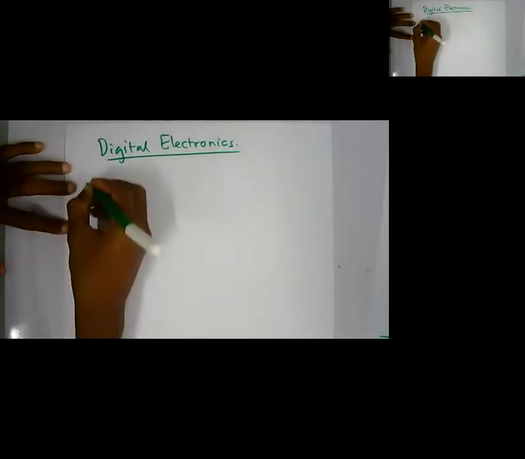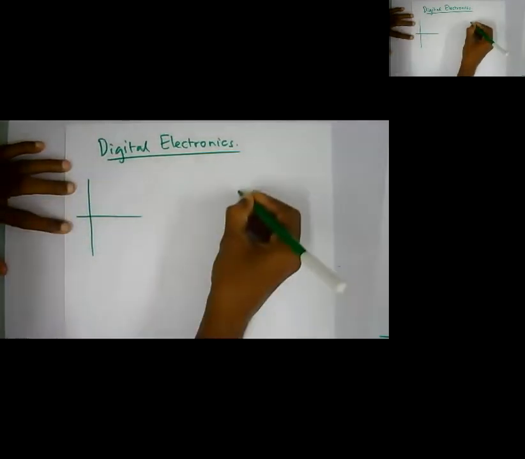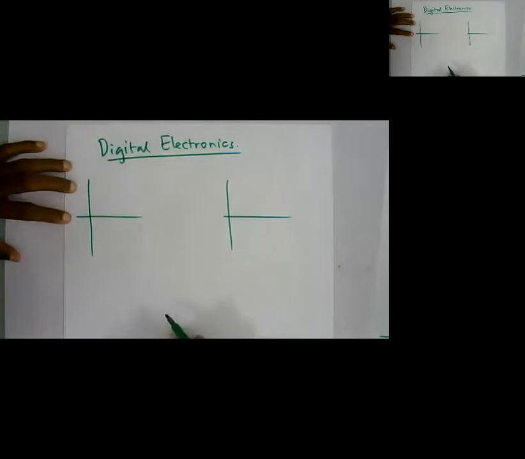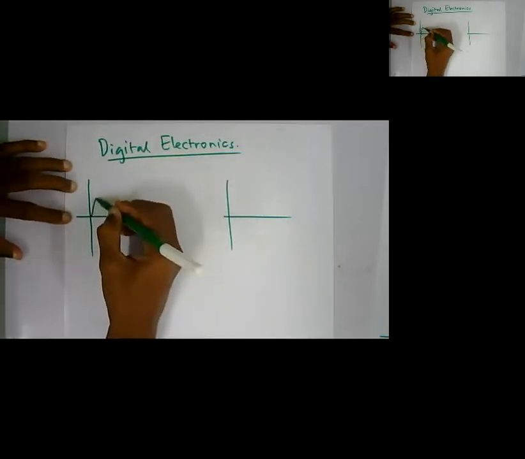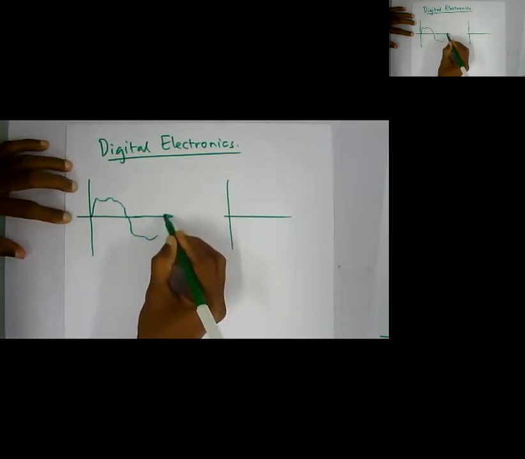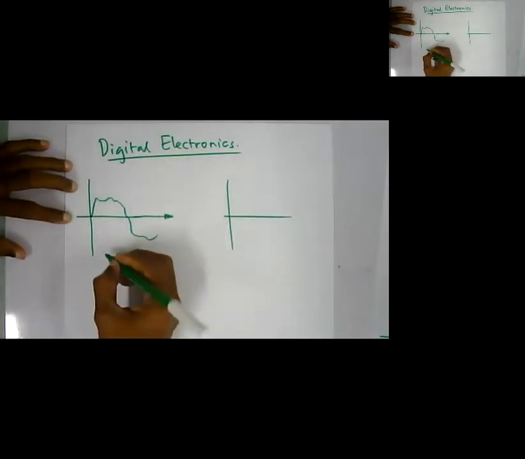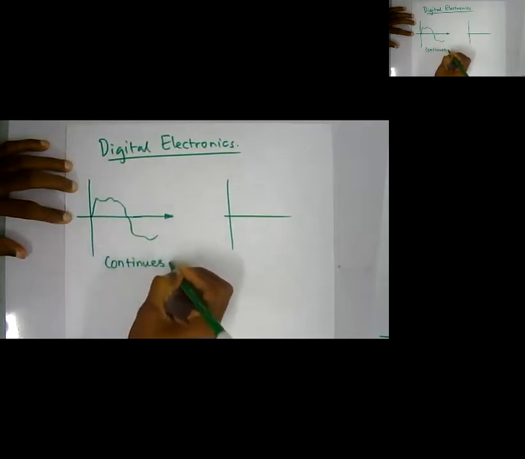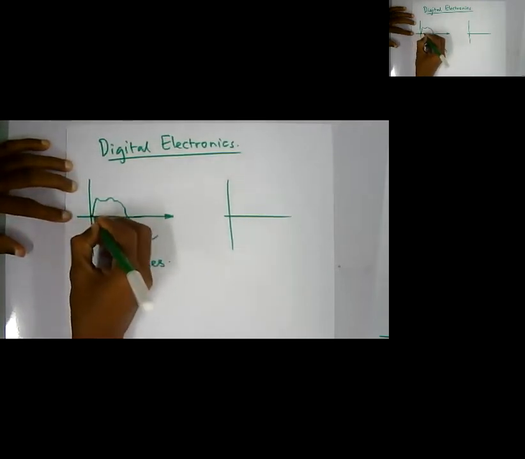Basically, we can divide signals into two different categories. The first one is analog signals or analog quantities, something like this. What analog means is that an analog signal is a continuous signal for any time t.